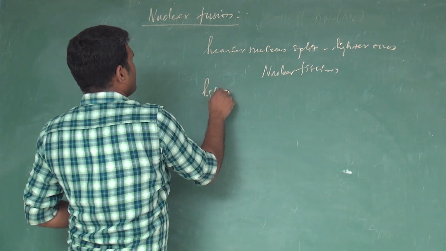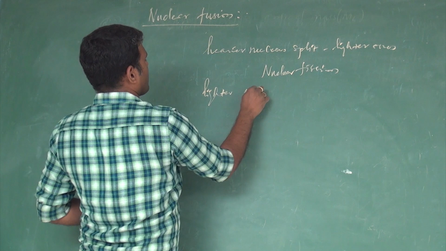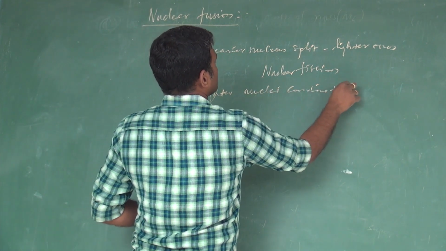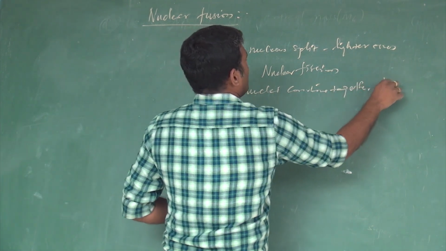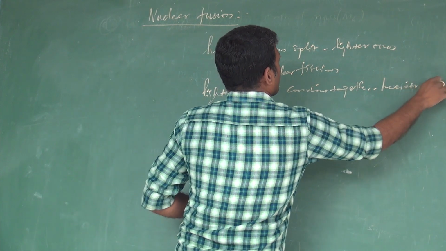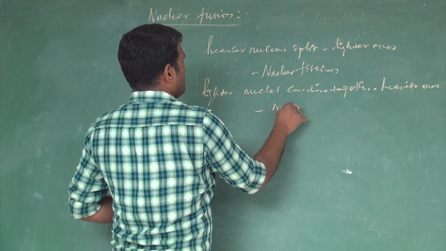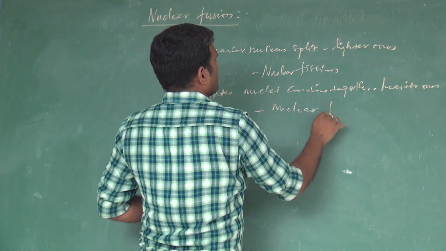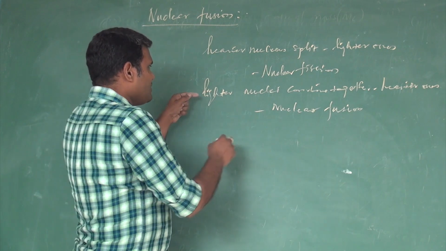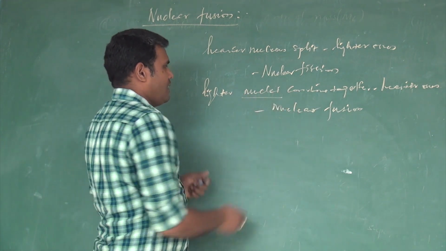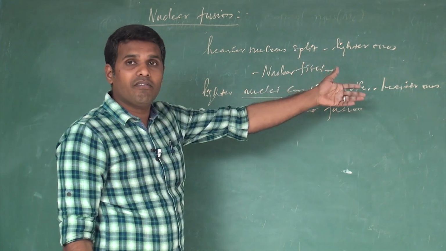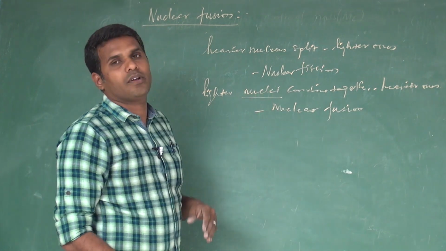If lighter nuclei combine together to form heavier ones, we call it nuclear fusion. Look at this term, lighter nuclei, a plural form of nucleus. So if lighter nuclei combine together to form a heavier nucleus, then it is called nuclear fusion.